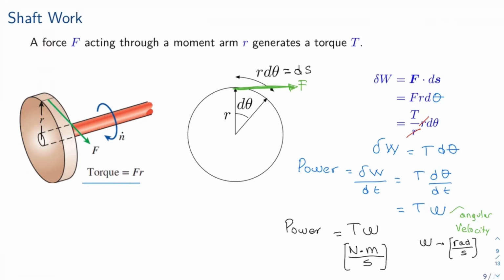Remember that the units of angular velocity are radians per second, so power is in terms of the torque, newton meters, and the angular velocity, radians per second. So the radians do not appear in the total dimensions.